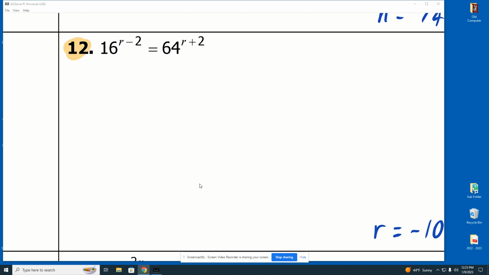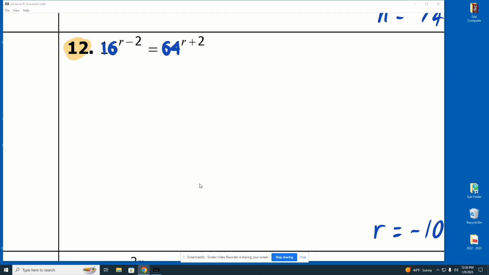Now, in this particular case, there's nothing that we need to combine like we did on that last problem. So I look at the bases, this one's 16, and this one's 64, and I'm going to tell you my line of thinking. I look at the smaller one, 16, and I try to make 64 have a base of 16 in my mind. 16 times 16 is way over 64.